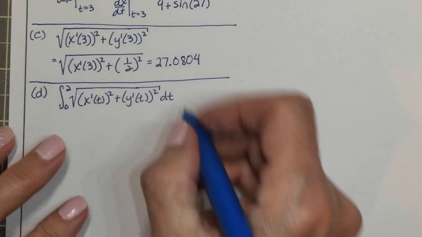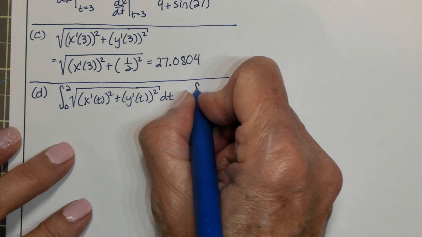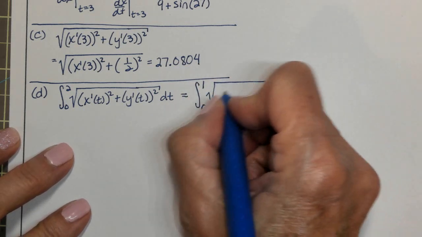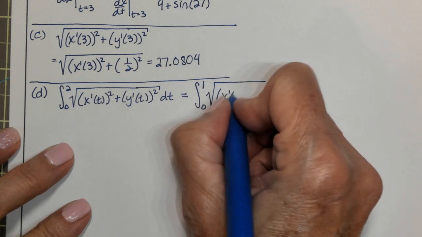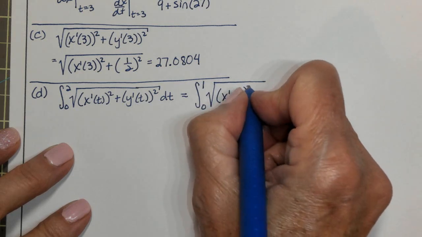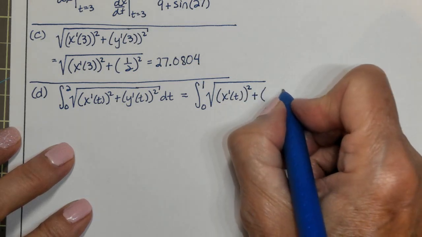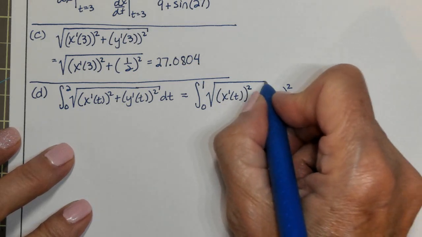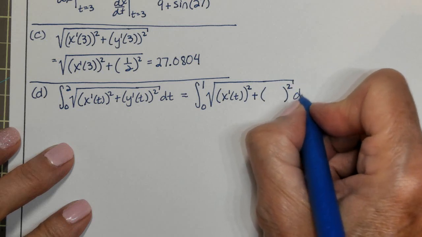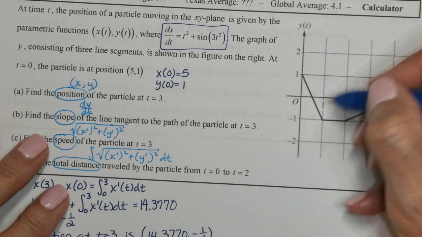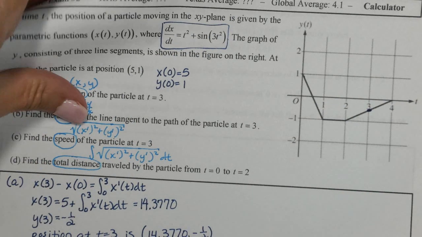So I'm going to split this up into 0 to 1 of the square root of x prime of t, which I know the equation for, squared, plus that y prime squared. What is that y prime? Well, the slope here is -2, down 2 over 1, so -2.